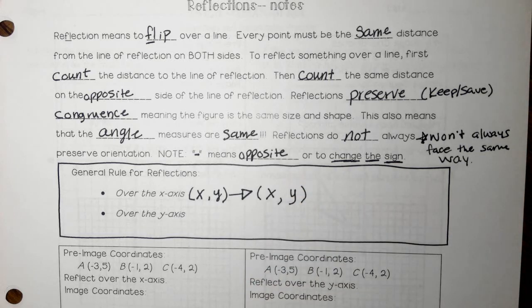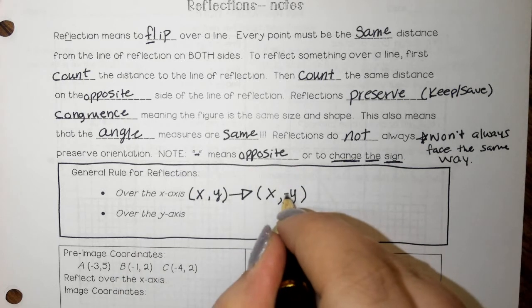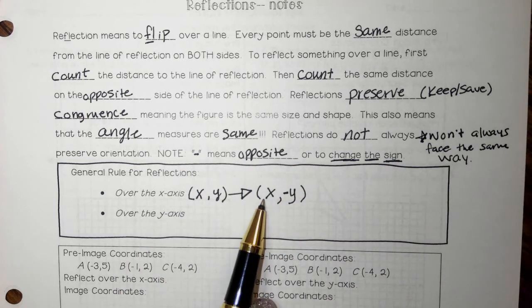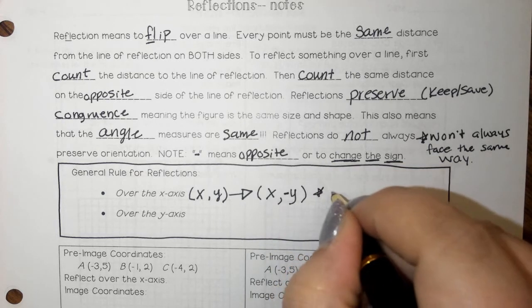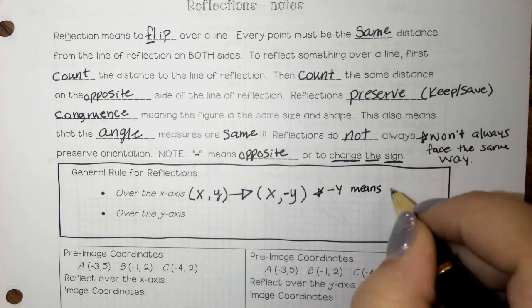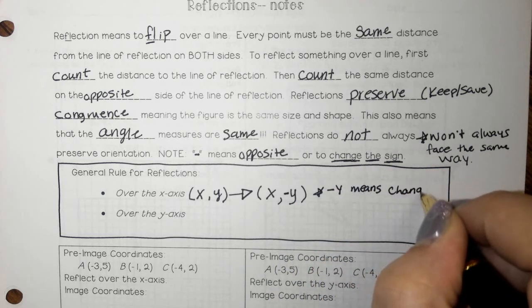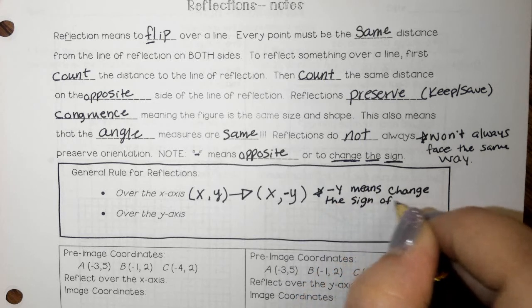Since I'm changing that sign, I want it to be opposite, so I'm going to use a minus sign in front of the y. This says x and opposite y. So I'm going to make a little note here. Negative y means to change the sign on y of the y value.